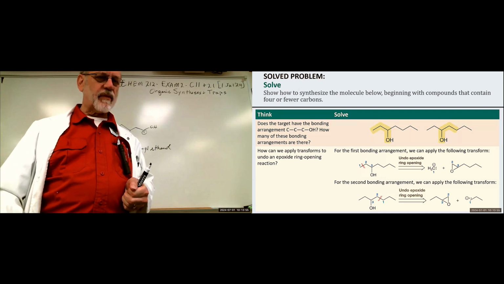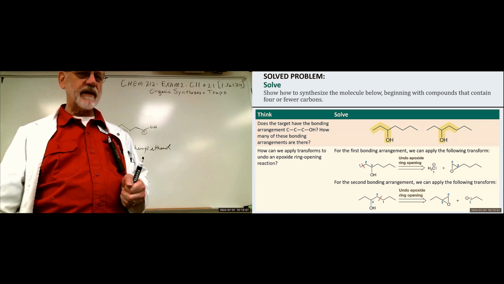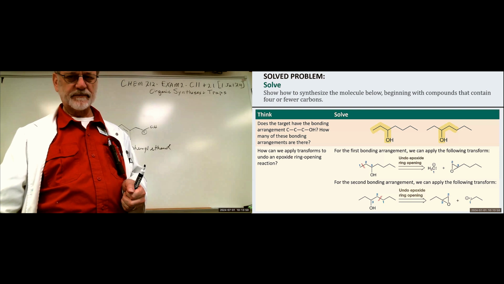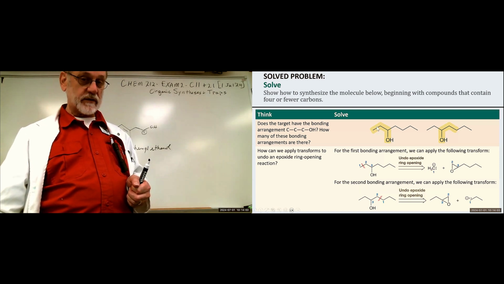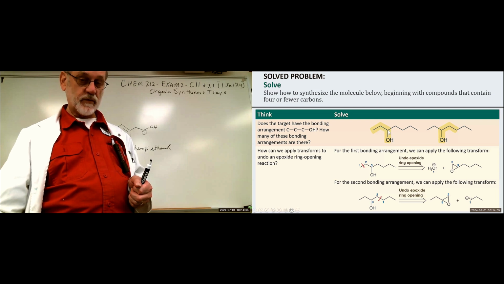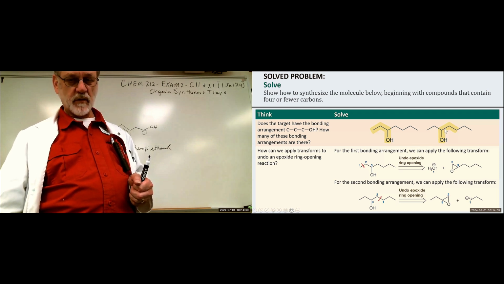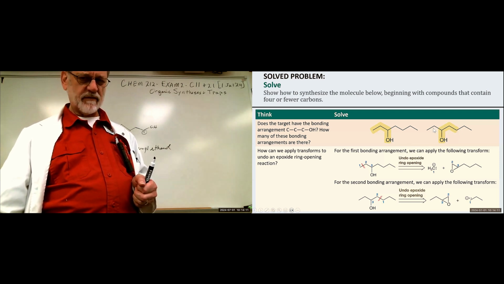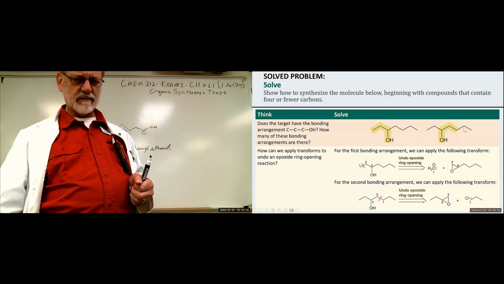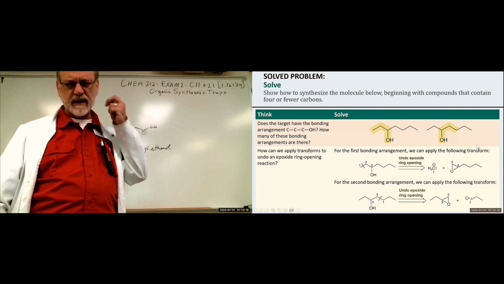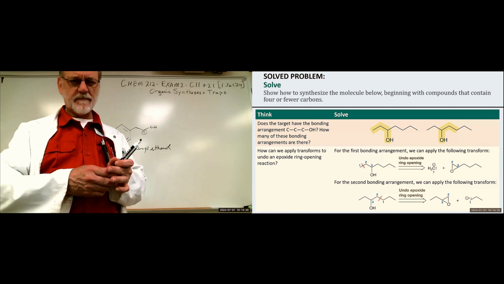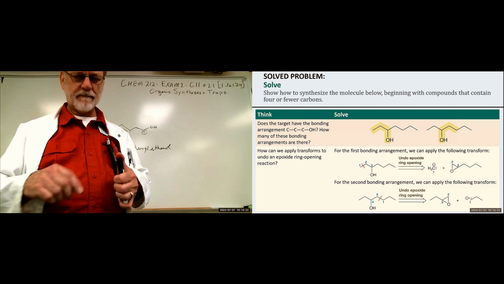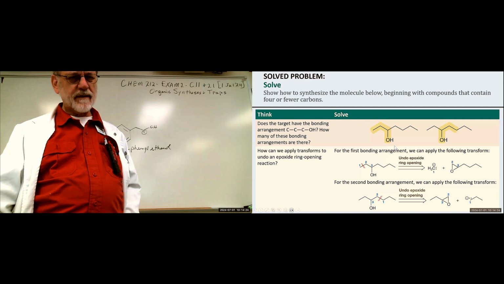So does the target have bond arrangements? How many of these bond arrangements are there? Well, let's see. If we go this route, 1, 2, 3, then that means 1, 2, 3, 4 over here. If we go this route, 1, 2, 3, then it looks like we got 2 bonds to make.